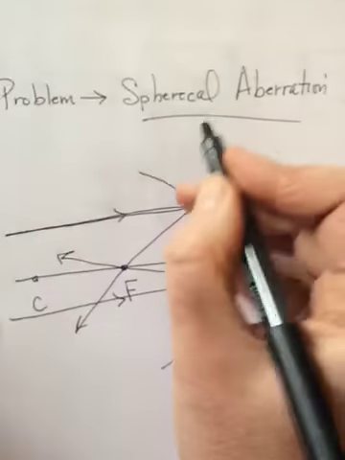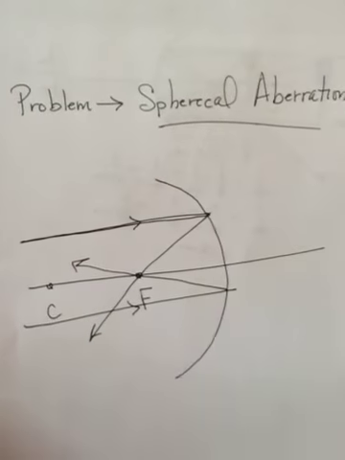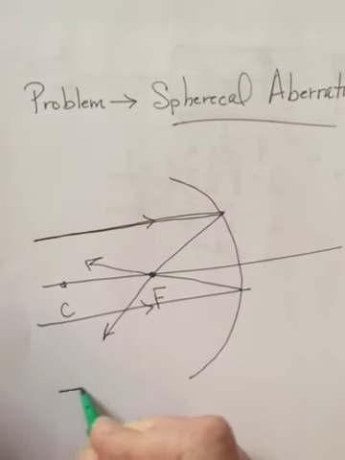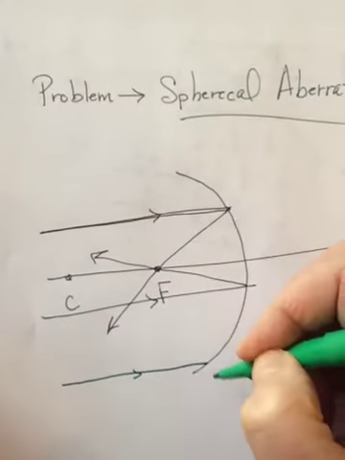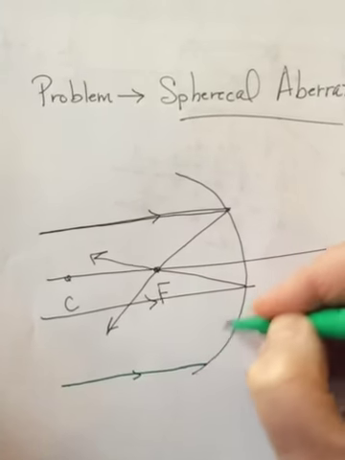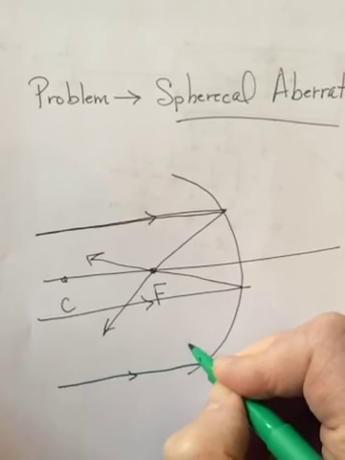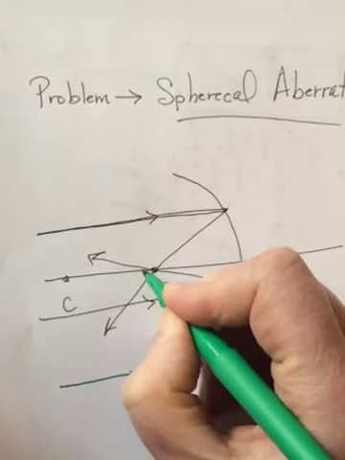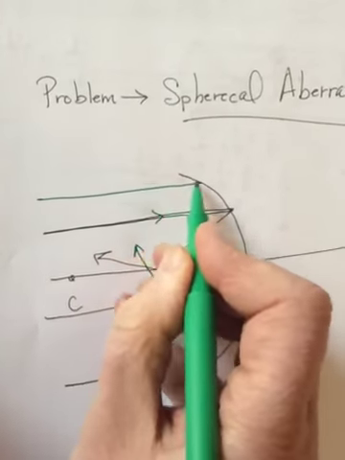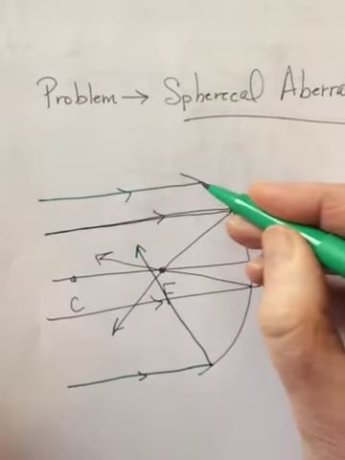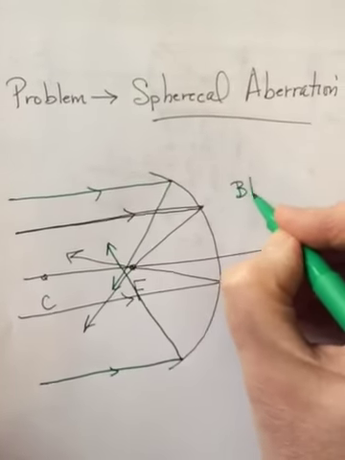But the problem, spherical aberration, arises when there are rays sent in that hit the outer edges of the mirror. Because if they hit the outer edges of the mirror, lots of times the mirror out here isn't curved enough to get these rays exactly through F. They fall a little off of F. And the result then is a blurry image.